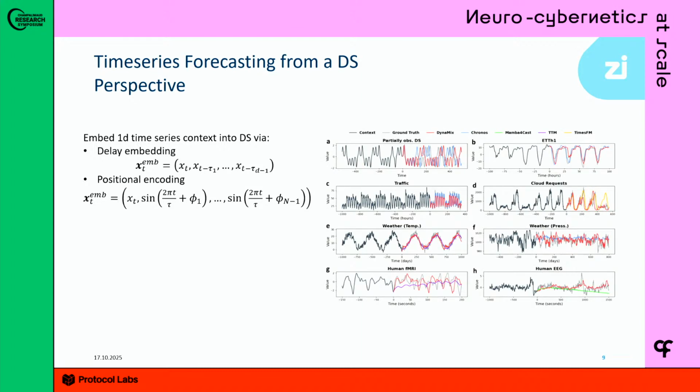And what you can see is that with this approach, we are also able to accurately forecast real-world time series data, from traffic data to weather data, also medical data here. This shows that we can compete in zero-shot forecasting with these time series foundation models, as well as that dynamical systems-based principles bear great potential for the field of time series prediction.